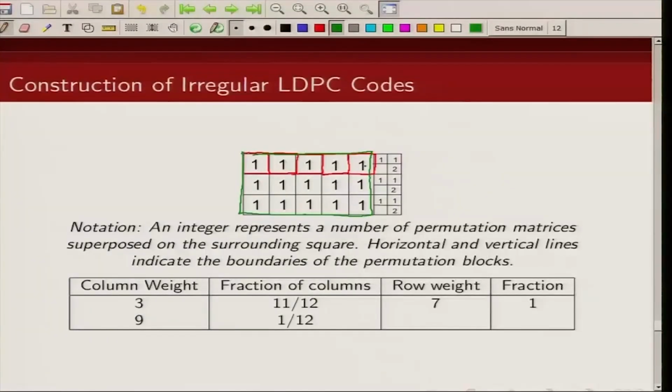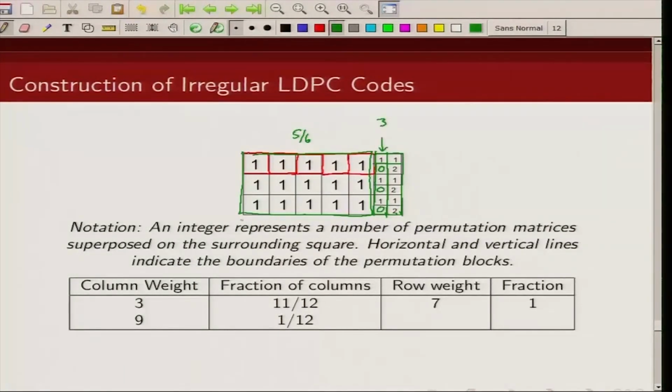Now, I need the column weight of 11/12 of the columns to be 3. So, I already have 5/6 of the columns with column weight 3. Then for the remaining 1/6 fraction of columns, I split them into 2, and I further split them, and these are all 0 matrices. So, you can see this row will have weight 3.